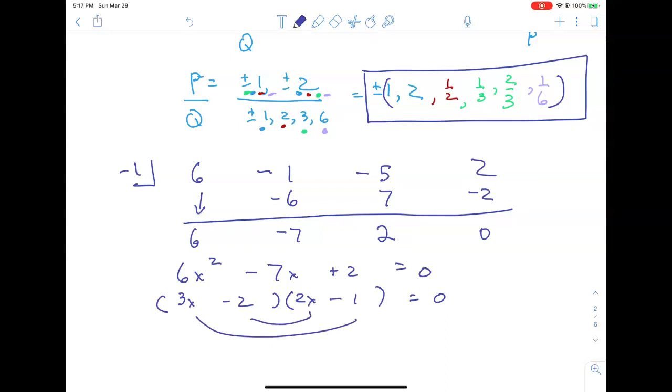All right, -7x. So what's the x-intercept for this part? 2/3. What would make this 0? 1/2. So our x-intercepts for this problem would be -1 from the synthetic division, and then from the factoring, 2/3 and 1/2.